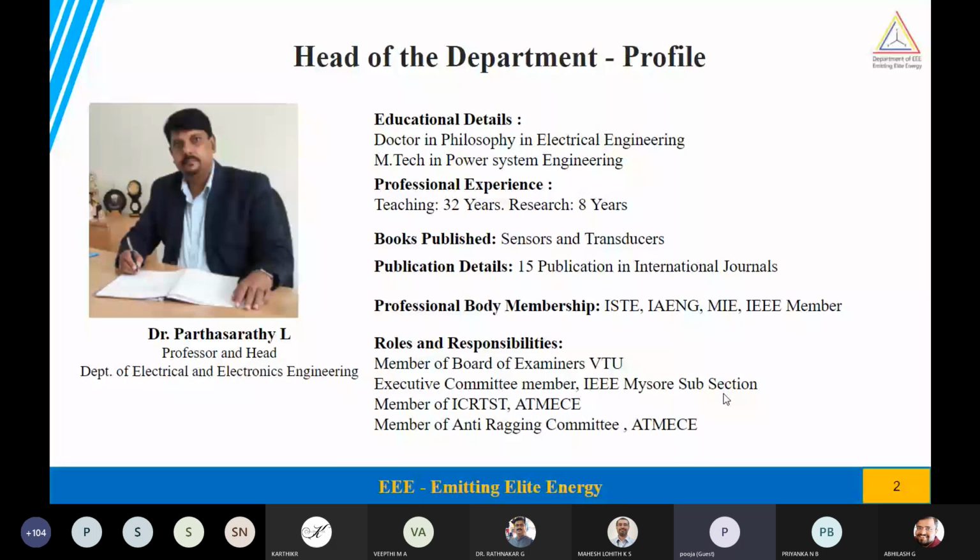He also has many roles and responsibilities under VTU and under the college. A few of them are member of board of examiners from VTU, executive committee member of IEEE Mysore subsection, member of ICRT-ST at ATME College of Engineering and member of the anti-ragging committee at ATME CE.